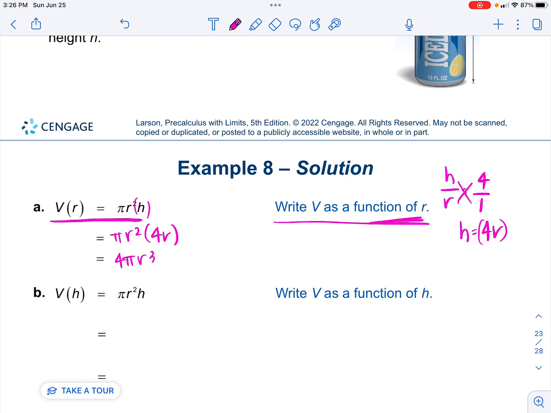It also says write it as a function of h. Okay, well, if I want a function of h, that means I can only have h's in it. I got to substitute out r. So I'm going to go back up here, and I'm going to solve for r. So r equals h over 4. So then I can go and I can take r out, and I can sub in h over 4.